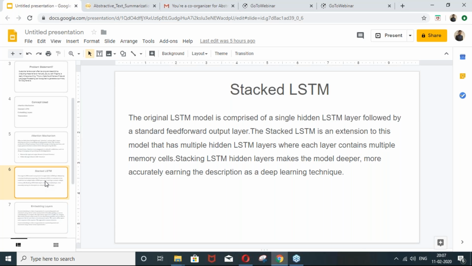Stacked LSTM makes the model deeper and more accurate, and what matters is the accuracy. By applying stacked LSTM, we are getting more accurate results because it has many hidden layers. So we process the text in a very good way and produce a very good output.